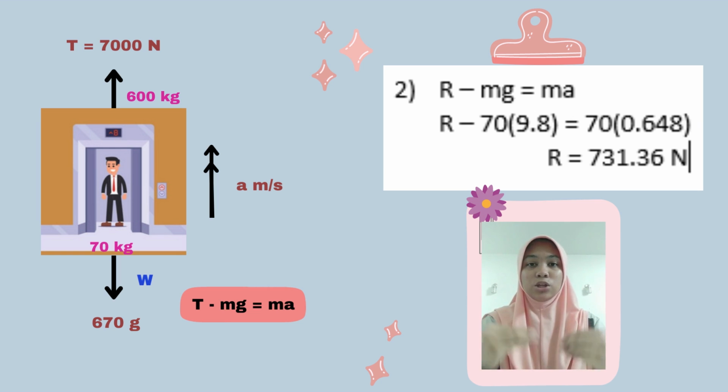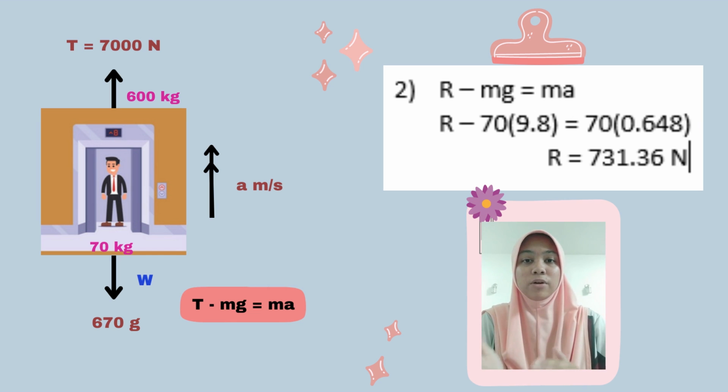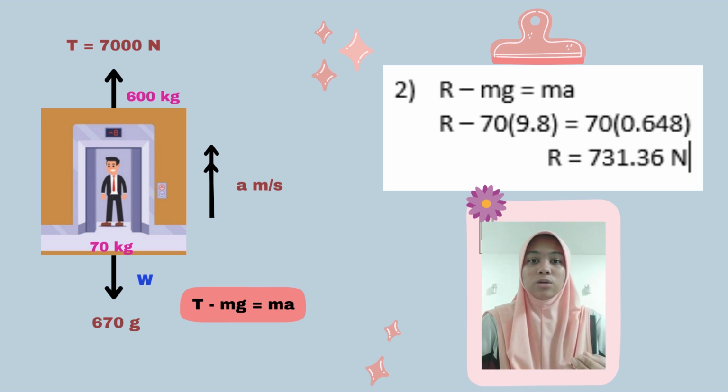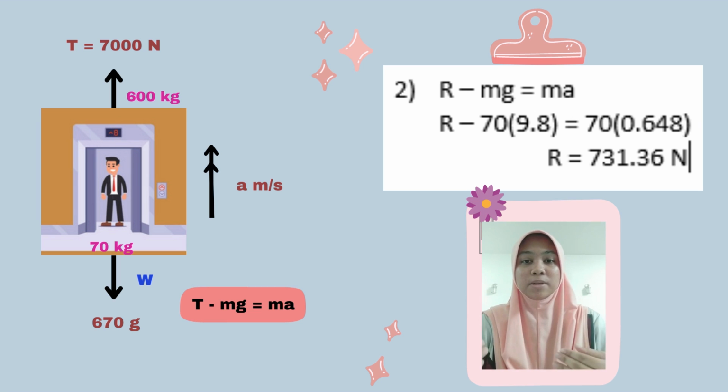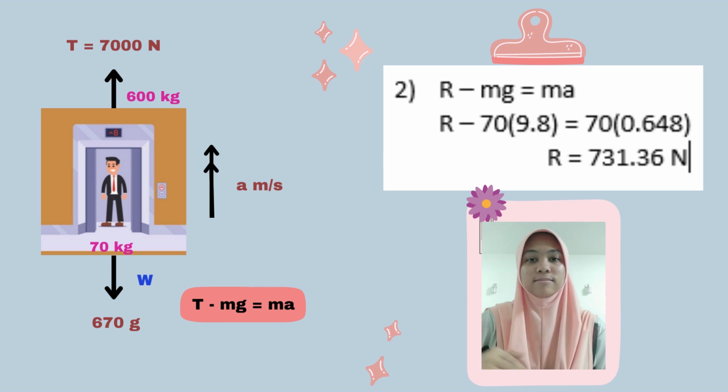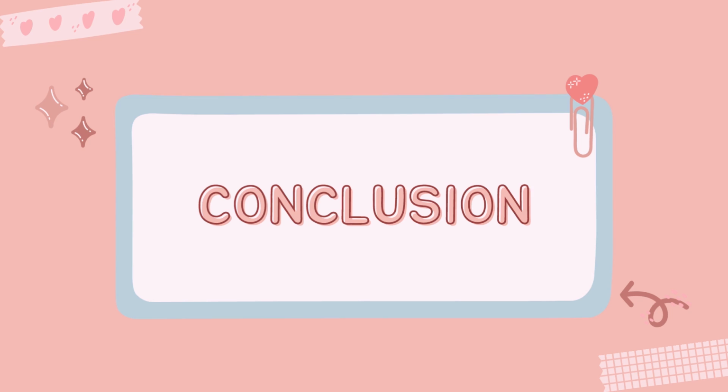We substitute the mass of the man, which is 70 kg, multiplied by 9.8, the value of gravity, equal to 70, and substitute back the value of acceleration we got from the first question, which is 0.648 meter per second squared. So we will get R equal to 731.36 Newton.